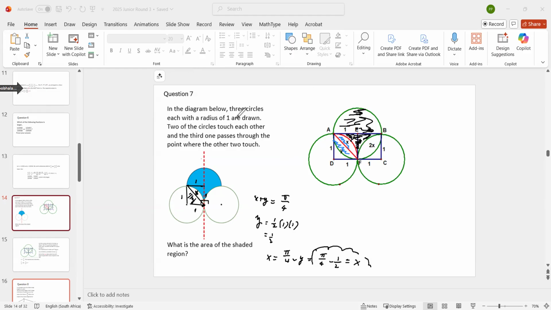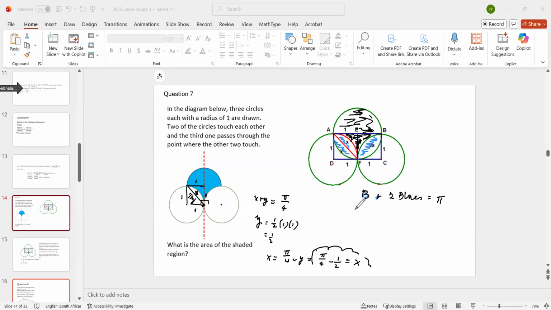Now you can see where I'm getting to, because what we have here is the black plus the two blues is the area of the circle. So you've got the black plus two blues equals the area of the circle of radius 1, and that's pi, the area of the full circle.